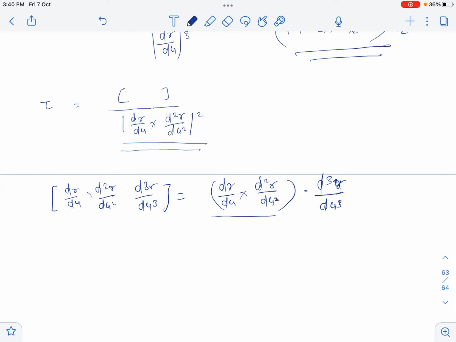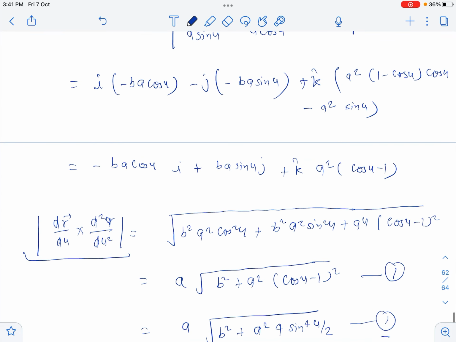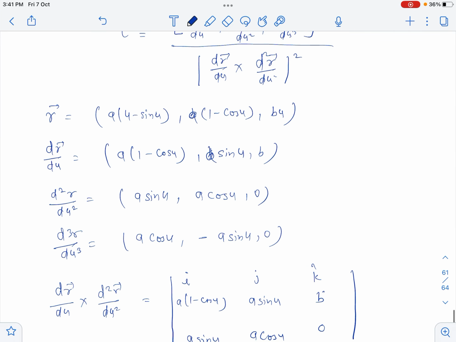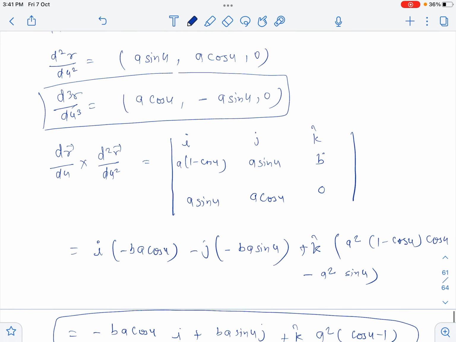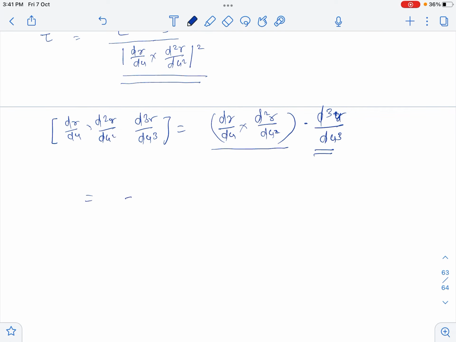So this cross product of the first two we already calculated. Now we just do the dot product with the third one. So this is the cross product of the first two and this is the third one. So what we do is we do the dot product of these. What we will obtain by doing this is minus a square b cos square u minus a square b sin square u, which is equal to minus a square b.